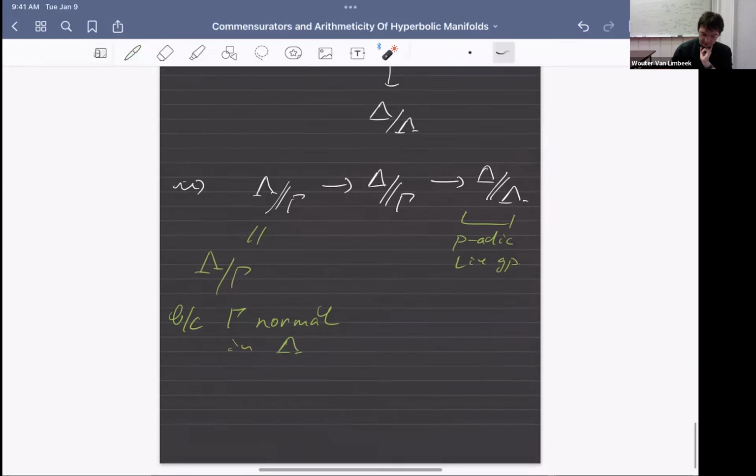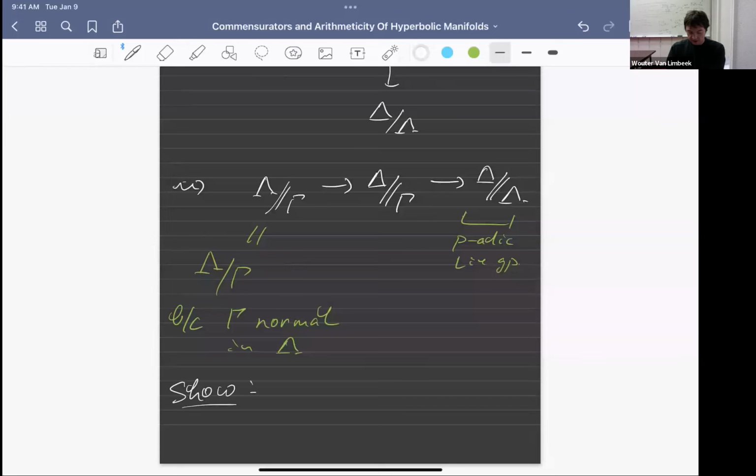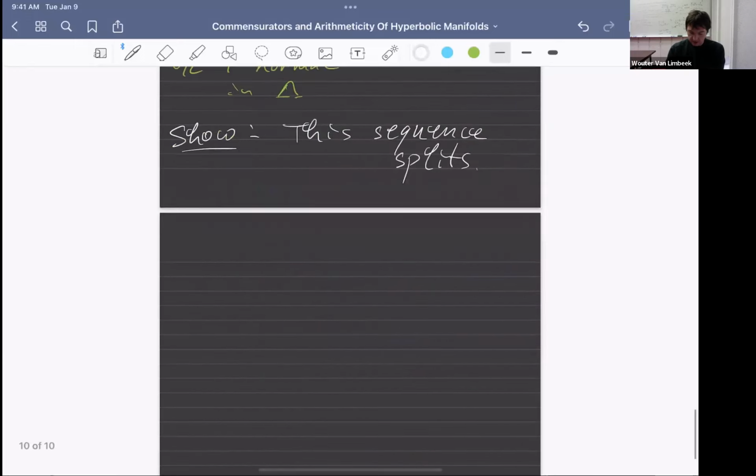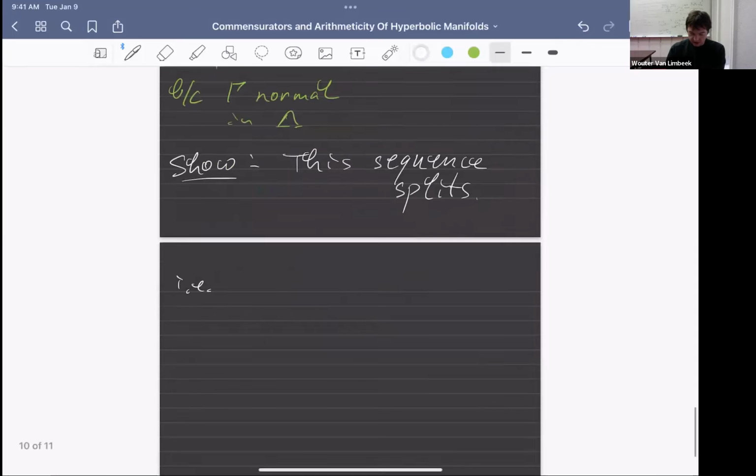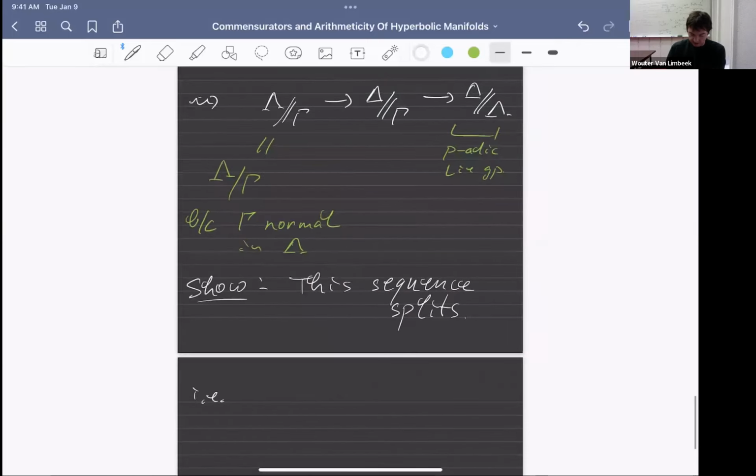And basically the rest of the proof, so this is like page 2 or 3 of the paper, the idea is now to show that this sequence splits. Actually it's not quite what happens, but morally, this thing in the middle is a product of these two.